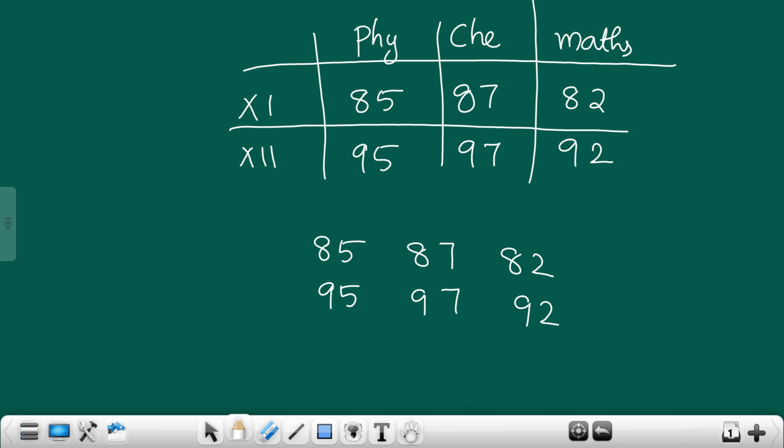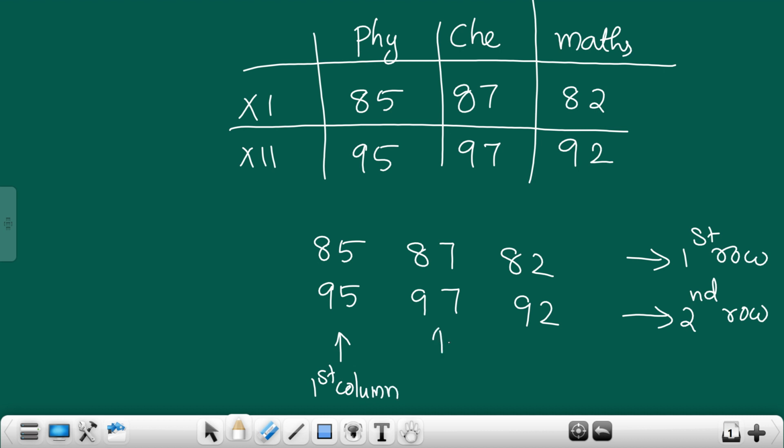The horizontal lines of numbers are said to constitute rows, which means this is our first row and this is our second row. The vertical lines of numbers are said to constitute columns, which means this is our first column, this is the second one, and this is our third column.